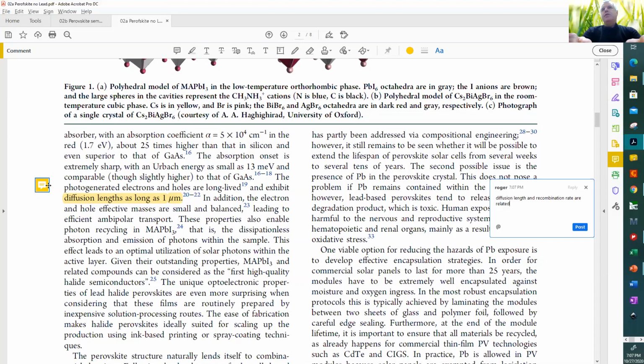So a low recombination rate will give a long diffusion length.